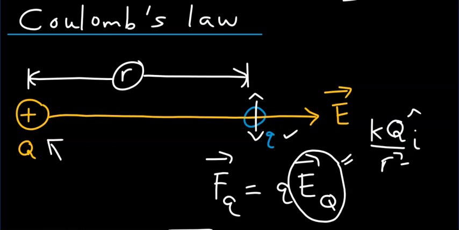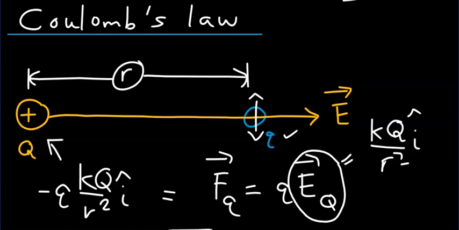However, since this charge is negative, the force on this little charge is quite simply minus little q K capital Q over R squared I hat, signifying that this charge here will be pulled towards that positive charge capital Q.